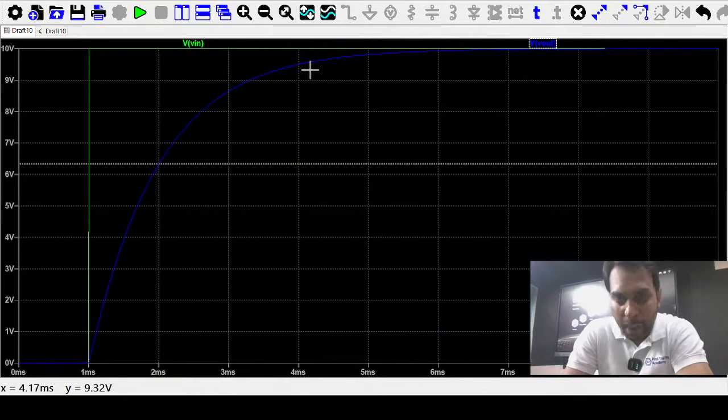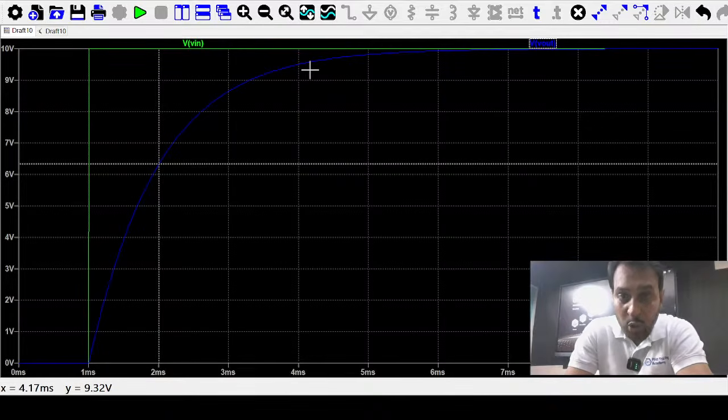So like this, the capacitor is charging from 0 to 10 volt, but once it reaches 10 volt, the capacitor acts like an open circuit. If you are looking, this is a non-linear function. It is not a linear function. In a single tau, it reaches 6.3 volt.